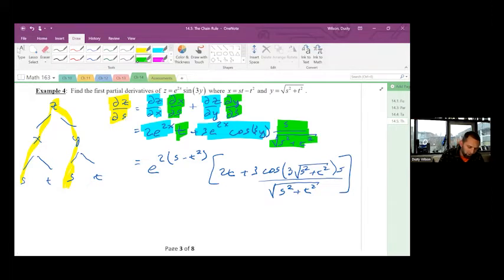Now let's see if we can find the pink partial derivative of z with respect to t.